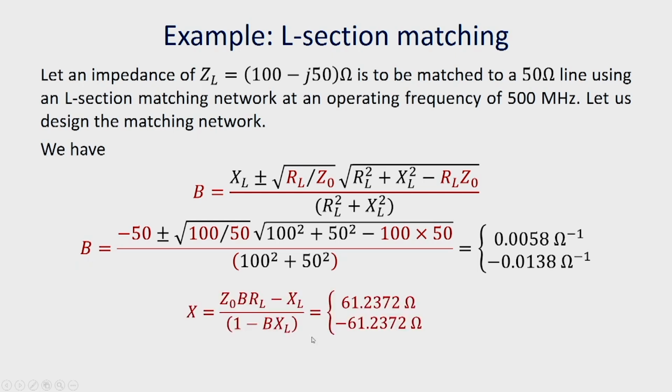Similarly, if we use these values of B in calculating X, we will get two values of X, 61.2372 ohm and minus 61.2372 ohms.